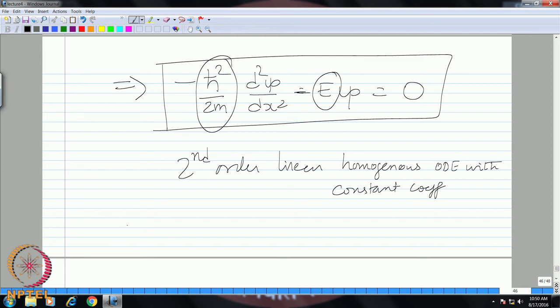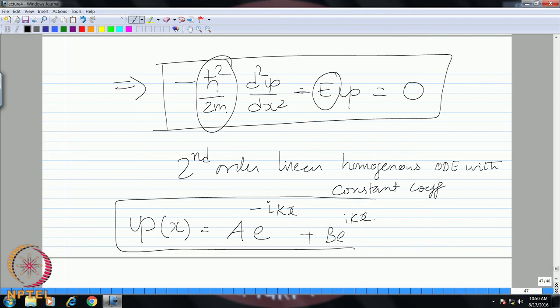So, therefore, we can write the solution for psi of x as a e power minus I k x plus b e power I k x, or we can also write this purely in terms of a cos k x plus b sin k x, right.